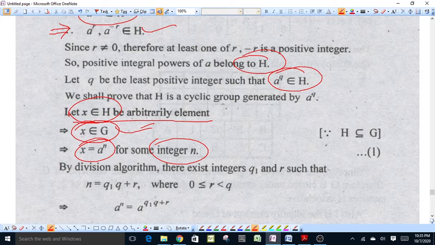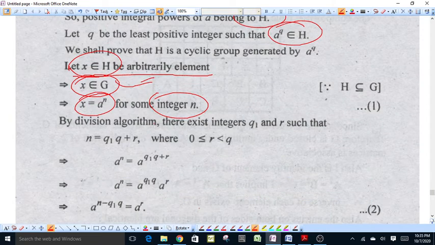Then by the division algorithm, if we divide n by q, n will be equal to q1 q plus r.